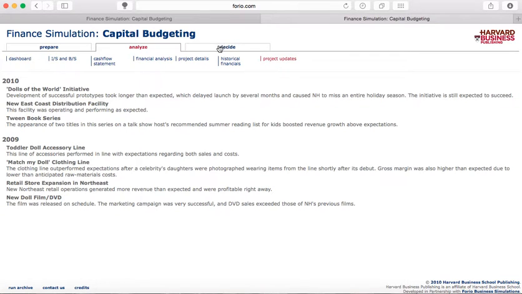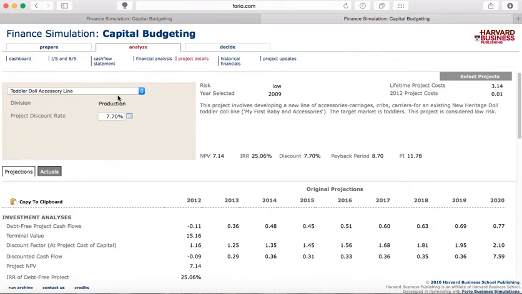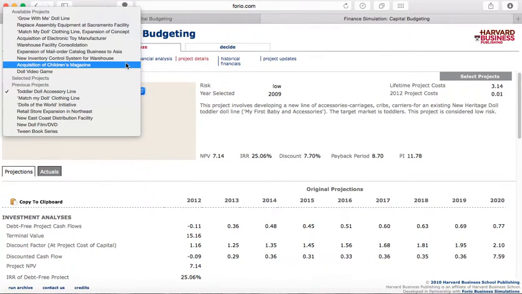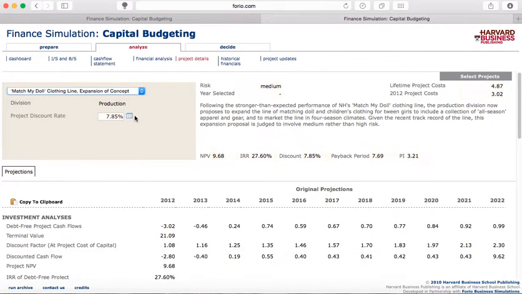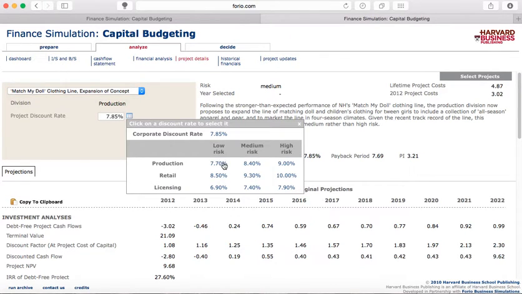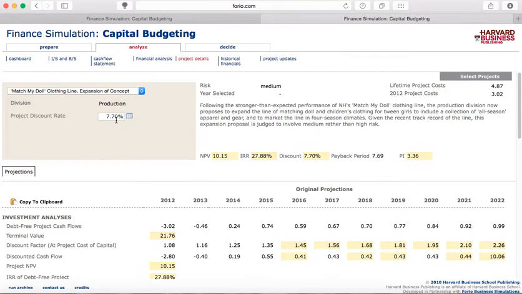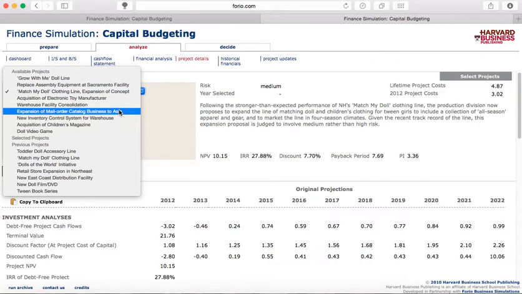So, making our next set of decisions. When we want to look at this value again, see what projects may want to have lower or higher discount rates. For this, a medium risk project, if we do decrease this discount rate, these numbers will increase, which is something that we do want.